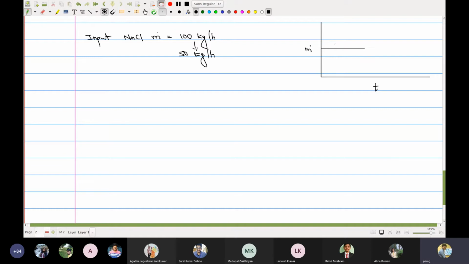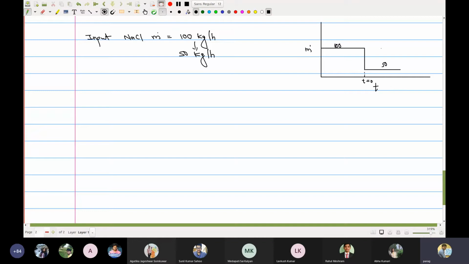Okay, so this was 100, and ideally, when mathematically representing this situation, in no time this mass flow rate reduced to 50 kg per hour. And you declare this as time t is equal to 0. That is something which is at our leisure.